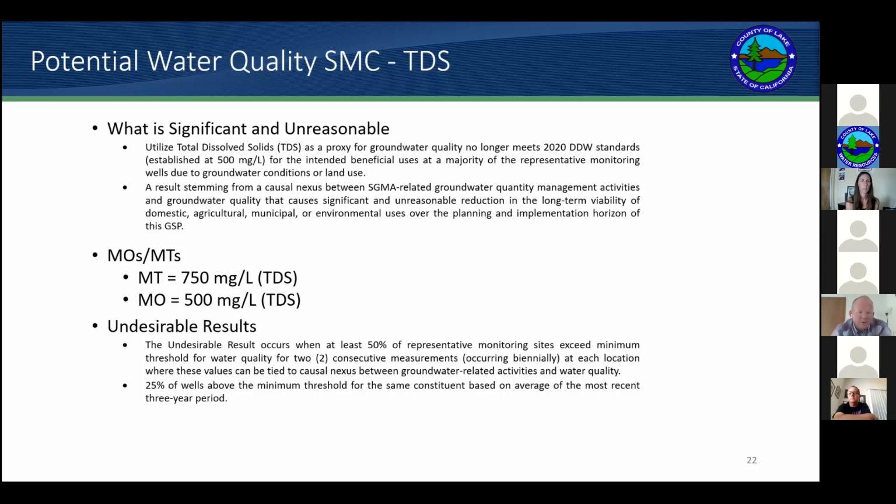What we've seen in some areas is that if we have values of a specific constituent above another regulatory agency's MCL, then we have to be careful how we incorporate that into our plan, because once the MOs and MTs are set, it's going to be very difficult to change those down the road.